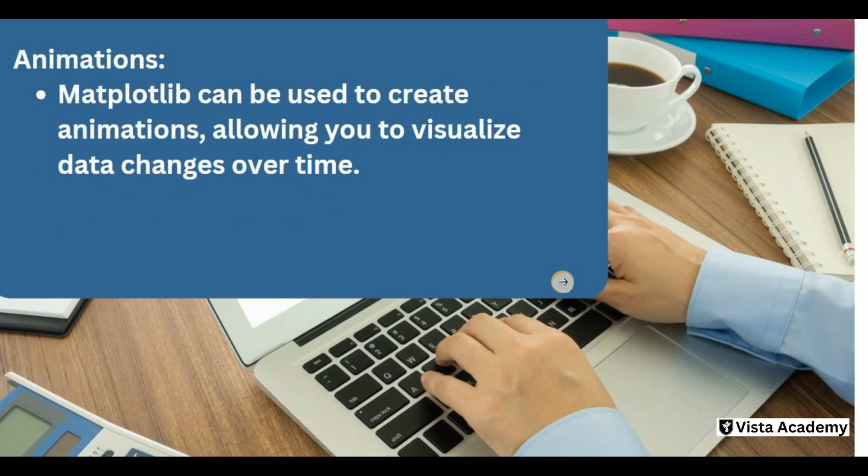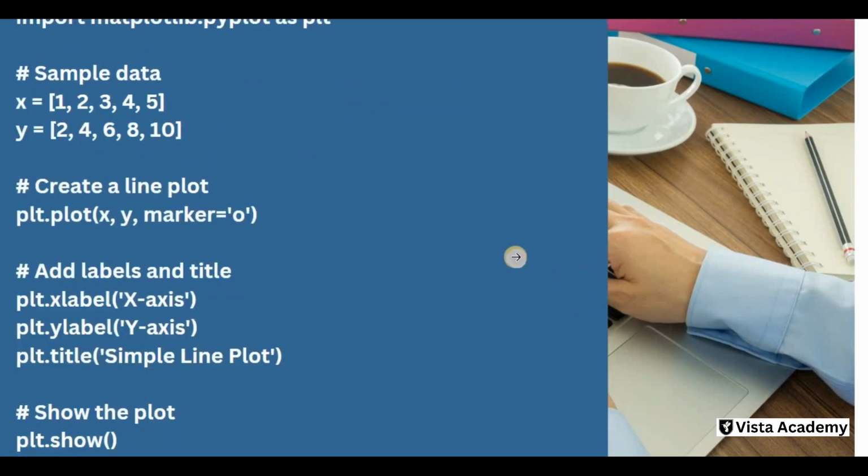Animations. Matplotlib can be used to create animations, allowing you to visualize data changes over time. So we can use animated charts also with Matplotlib. Here is an example of importing. First of all we have to import it. To import we will use import matplotlib.pyplot as plt.